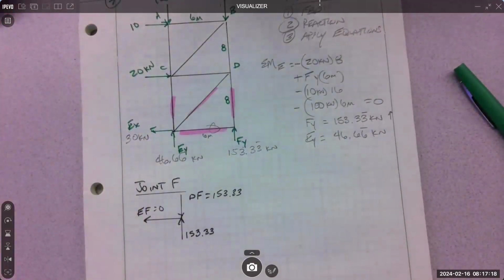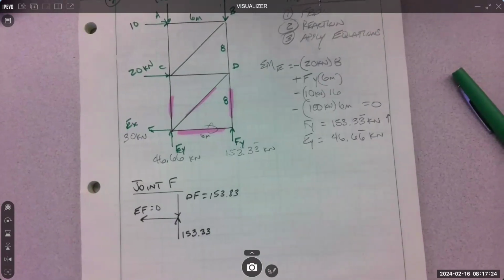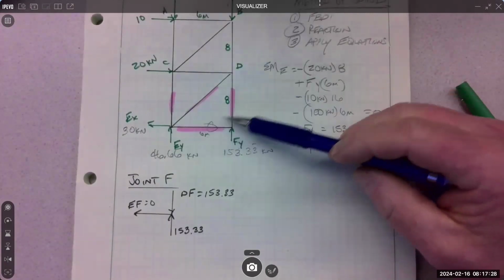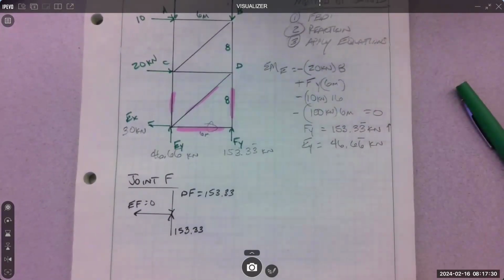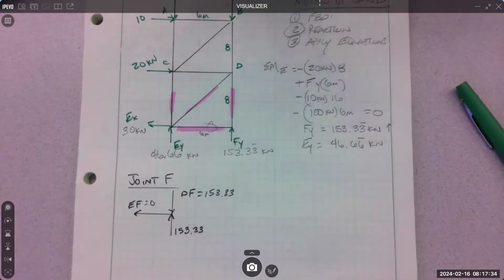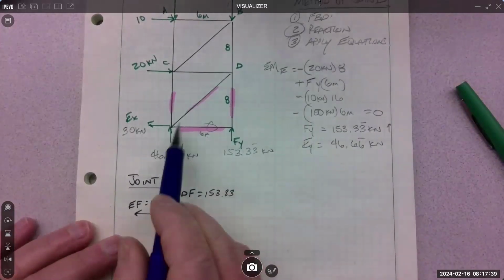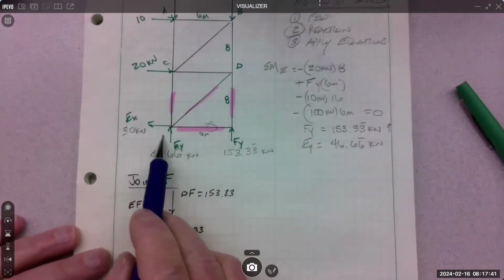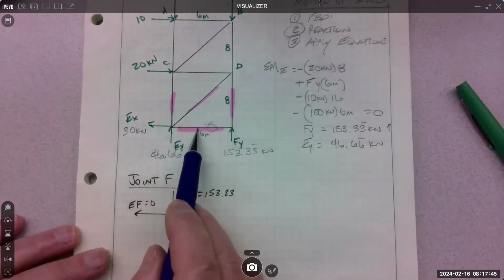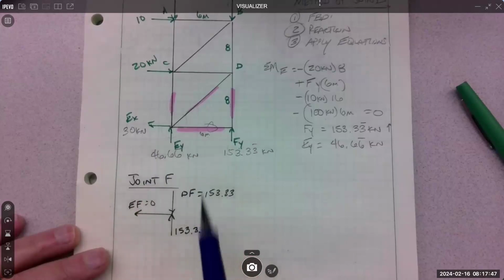All right. Good, good. Now where do you want to go? We found these two. Yeah, let's go to joint E, because how many are unknown at E now? Yeah, these two right here are, we know this one's 0. So we only have 2 unknowns.